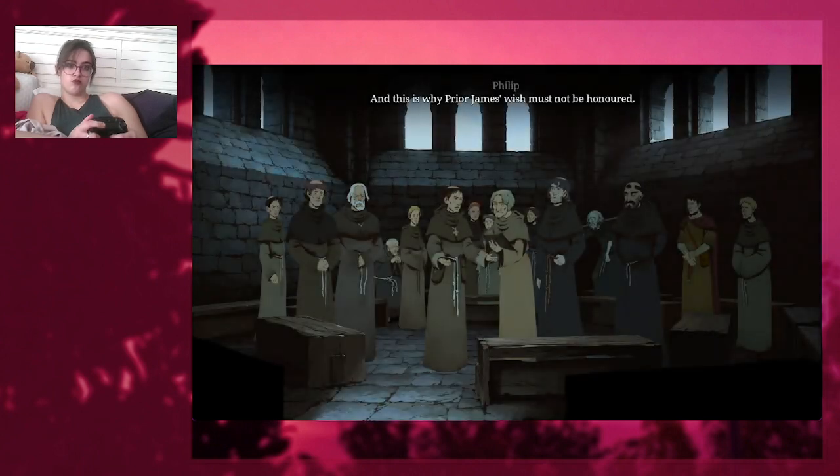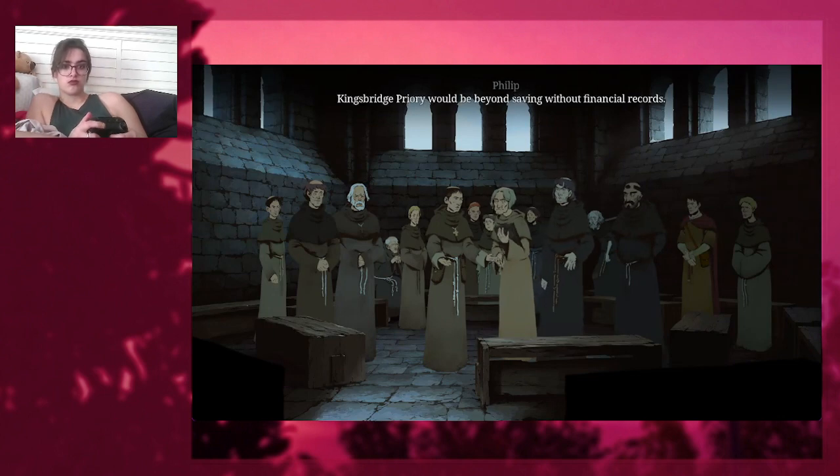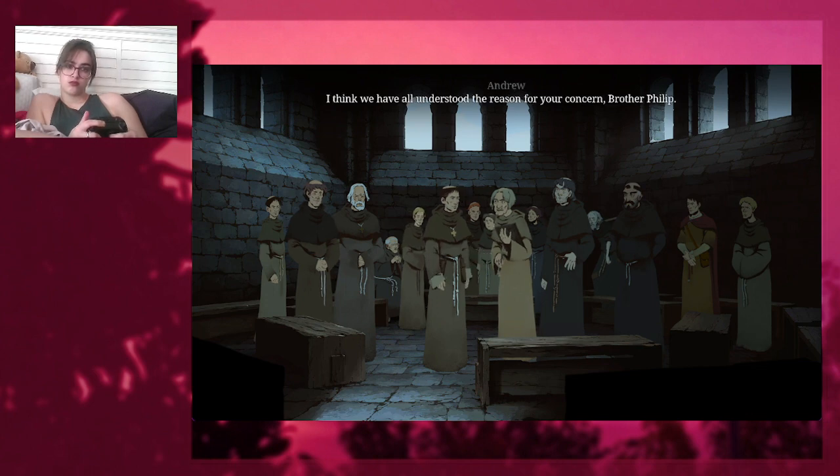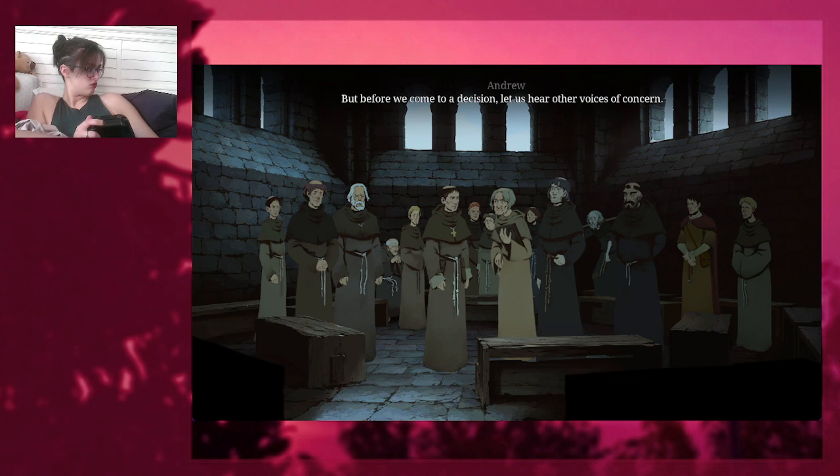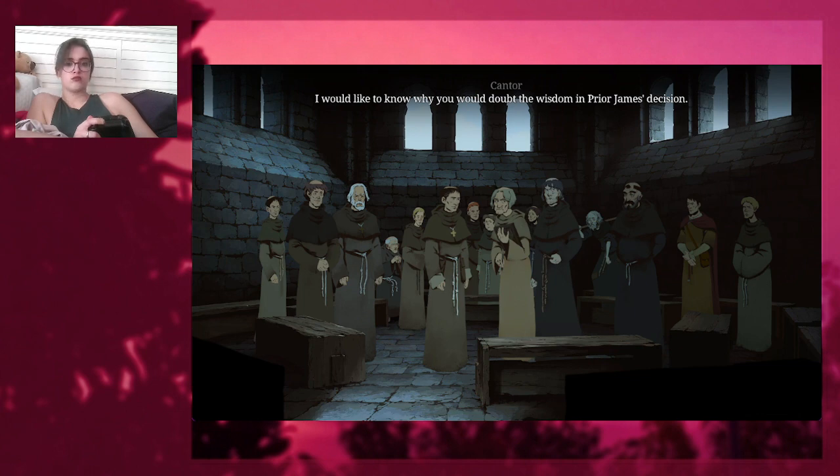And this is why Prior James's wish must not be honoured. Kingsbridge Priory would be beyond saving without financial records. I think we have all understood the reason for your concern, Brother Philip. But before we come to a decision, let us hear other voices of concern. I would like to know why you would doubt the wisdom in Prior James's decision.